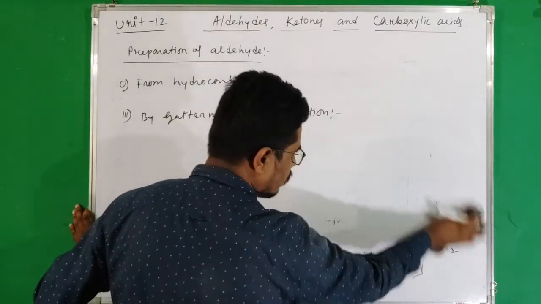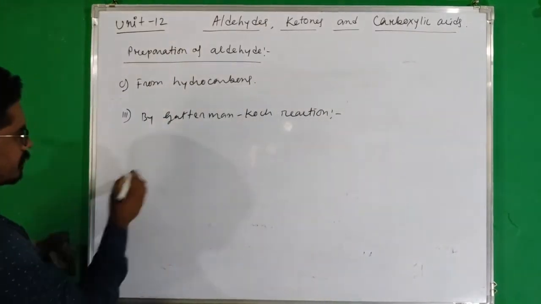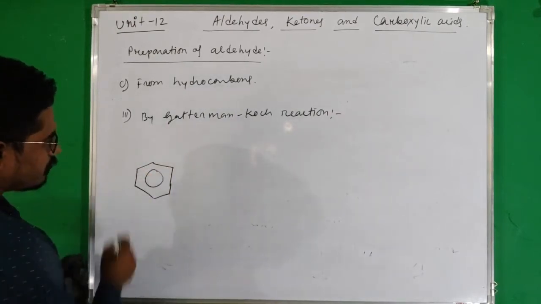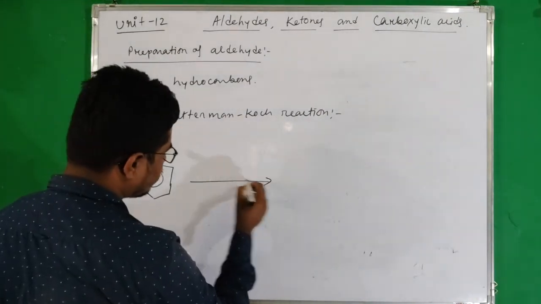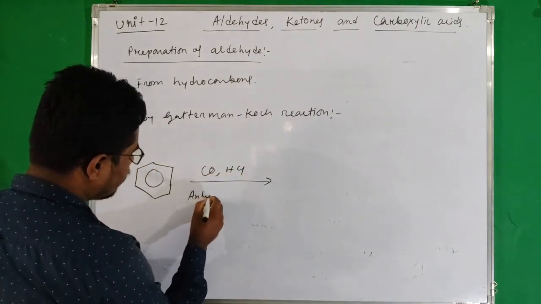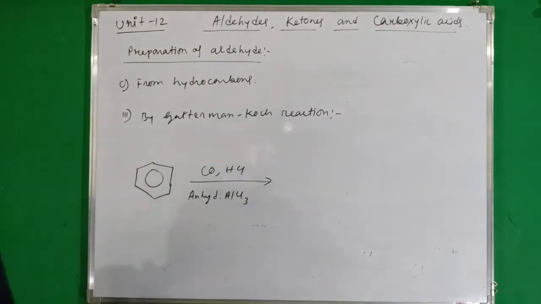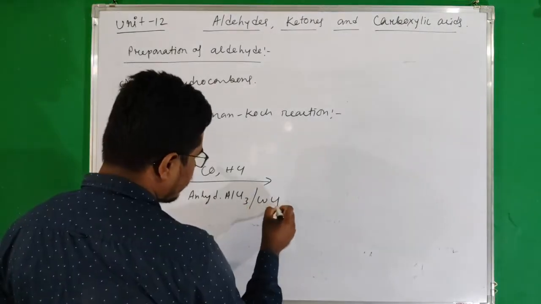Earlier we used toluene, but in this reaction benzene is used, and to the benzene, carbon monoxide is added in presence of HCl, anhydrous AlCl3 and CuCl.